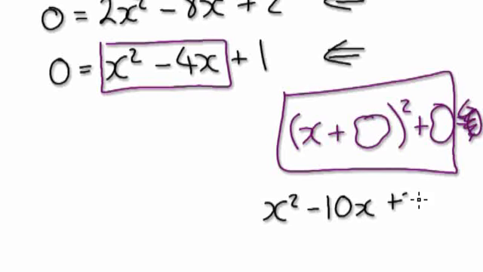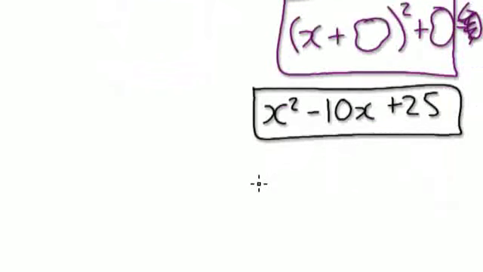Bear with me on this. If you factorize this, it would be x minus 5, squared. That will give you this.